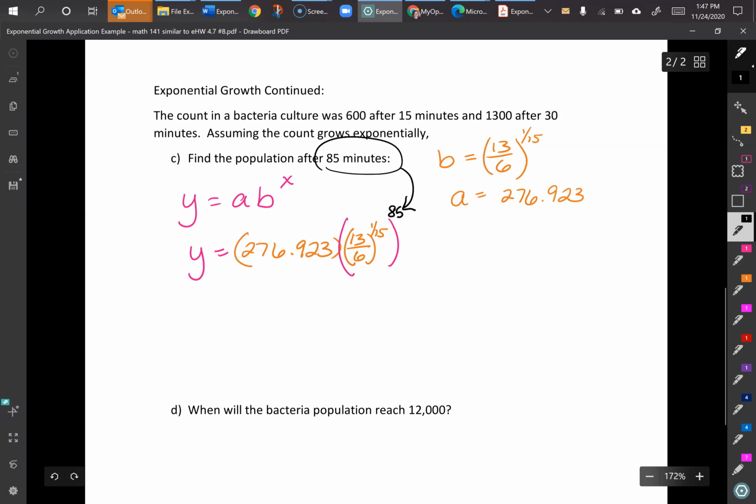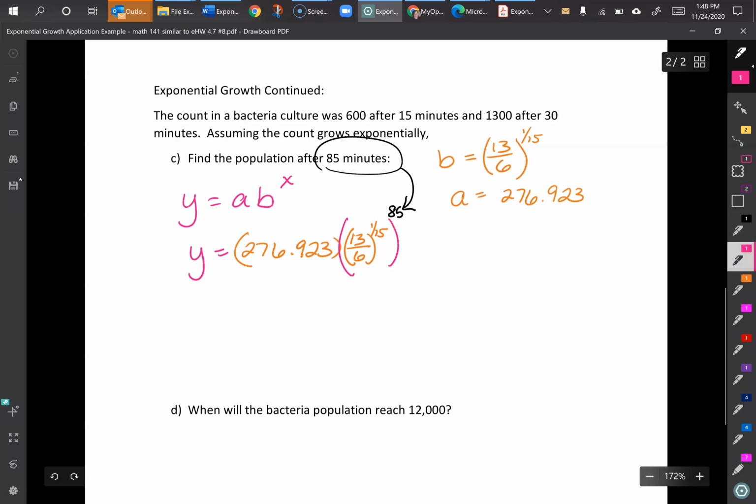85. So when I crunch the numbers, I'm just going on my calculator, go 13 divided by 6, enter, and then raise it up, use parentheses, 85 divided by 15, and parentheses, and then calculate that.